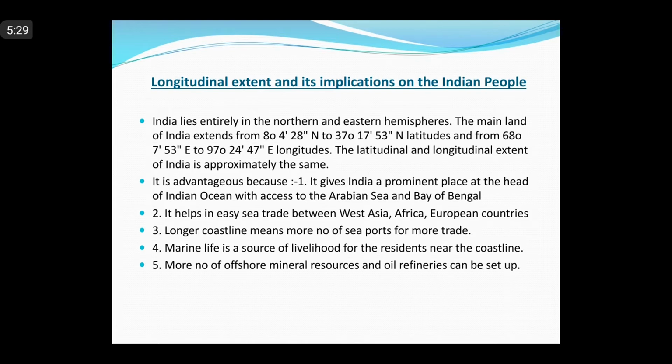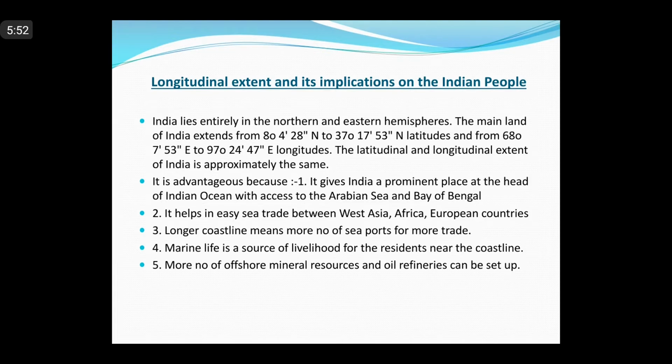Let me tell you something about the latitudinal and longitudinal extent of India, the 97 degree 25 minute east longitude that I have discussed. What are the advantages of this longitudinal extent?